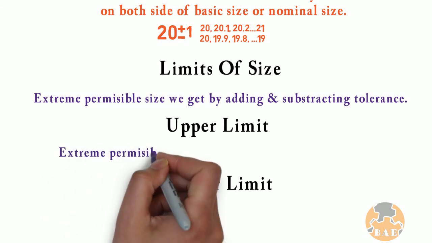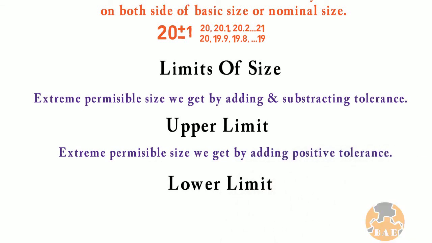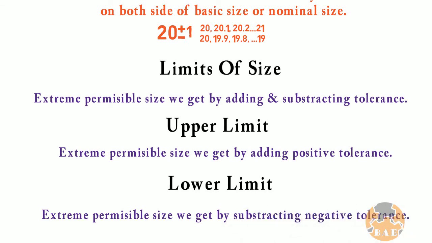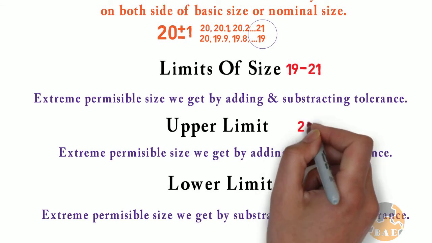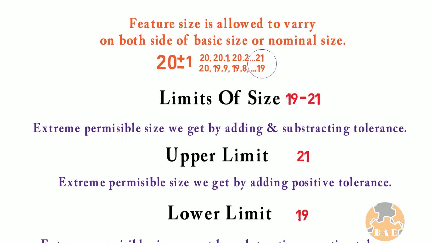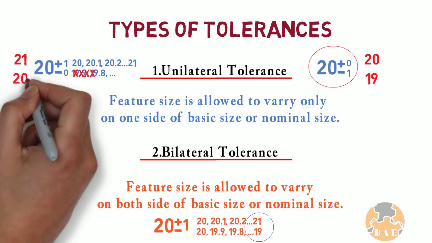Whatever size comes after adding positive tolerance is the upper limit, and whatever size comes after subtracting negative tolerance is the lower limit. Here 19 to 21 is the limits of size. Upper limit is 21 and lower limit is 19. Here in this case upper limit is 20 and lower limit is 19. Here also upper limit is 21 and lower limit is 20.